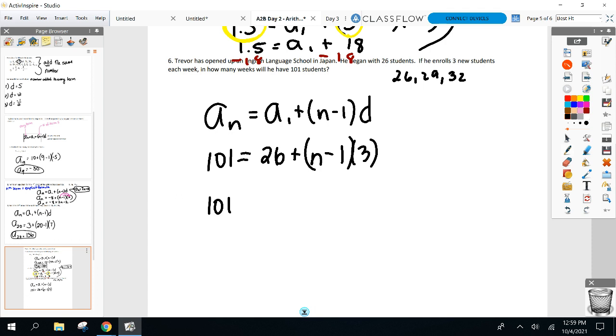So I get 101 equals 26 plus 3n minus 3. Distribute. What do you get there? 3n plus 23. You guys can handle that from there?